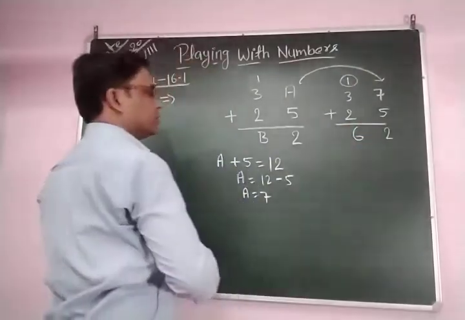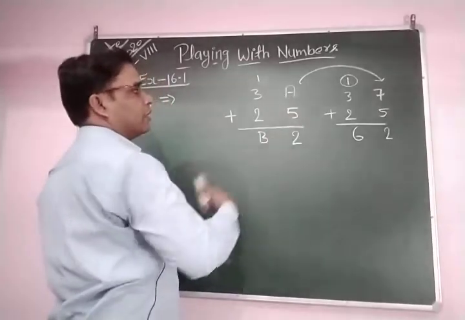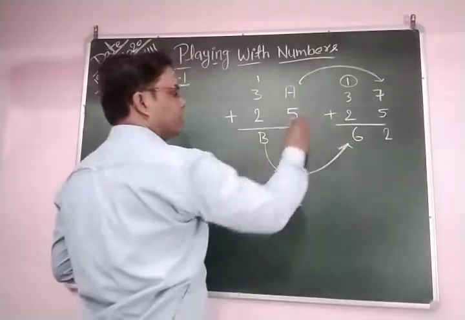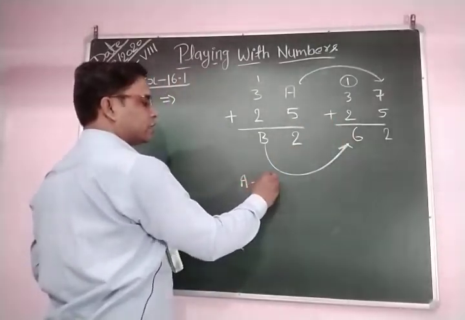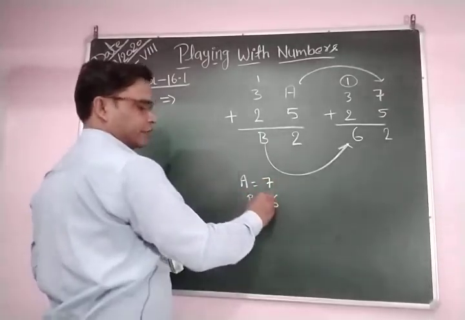So here you can see this replaces b. Okay, so a is equal to what? Nothing but 7, and b is equal to 6.